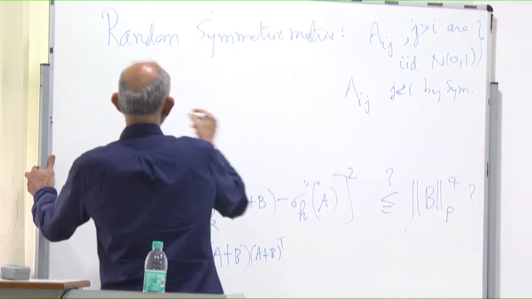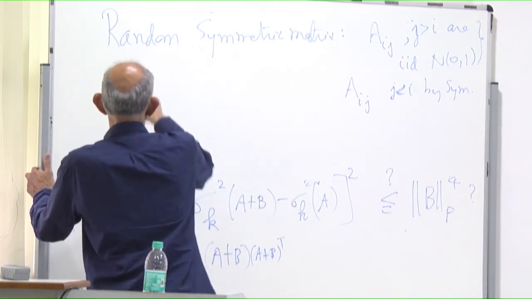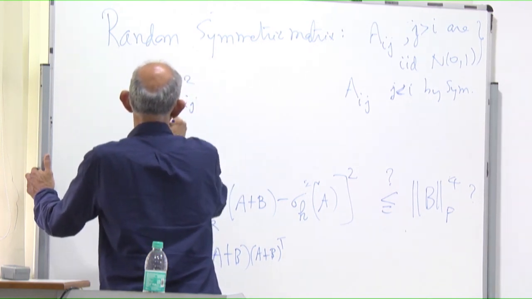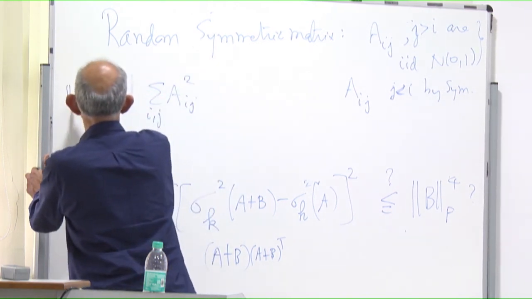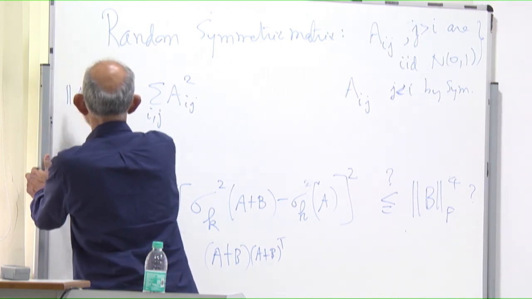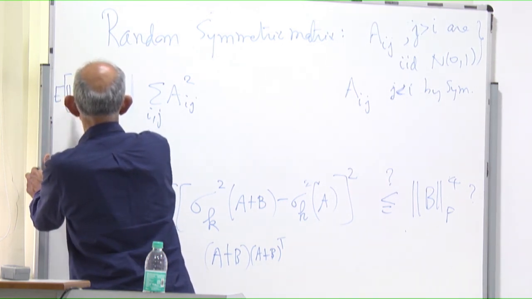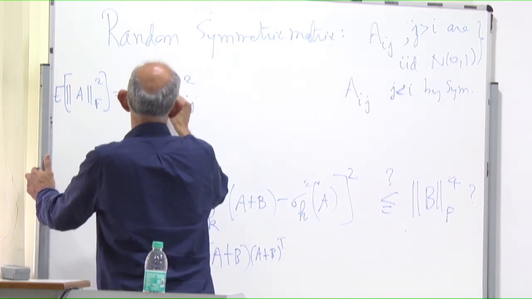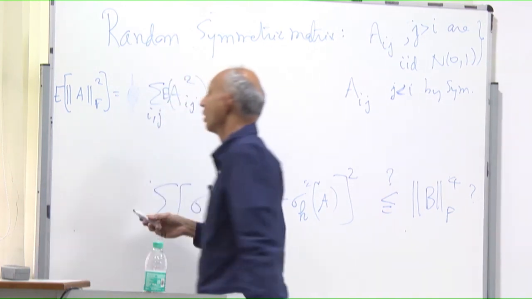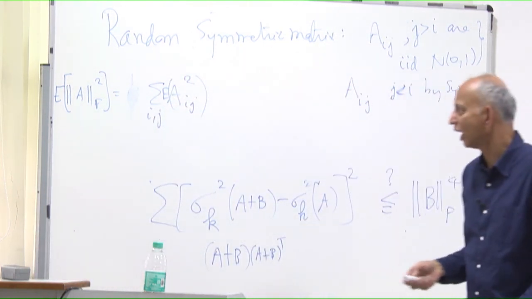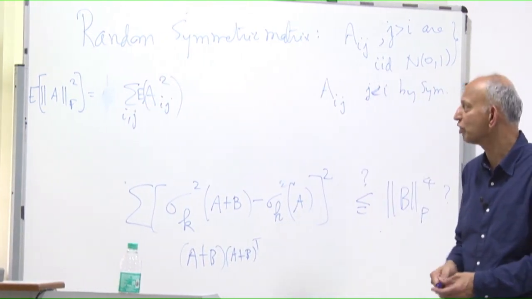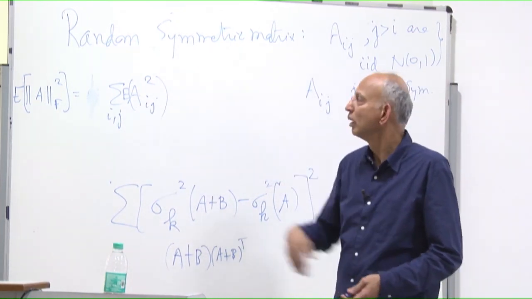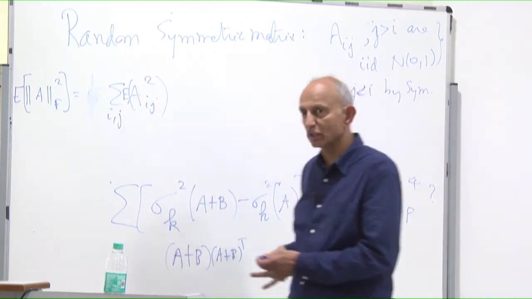Now, we know that the length of A squared, the sum over all ij of Aij squared, that's the Frobenius norm of A squared, and I want the expected value of that, it's a random variable. So the Frobenius norm of A squared is just the sum of the squares, right? The expectation of the sum is the sum of expectations, right?